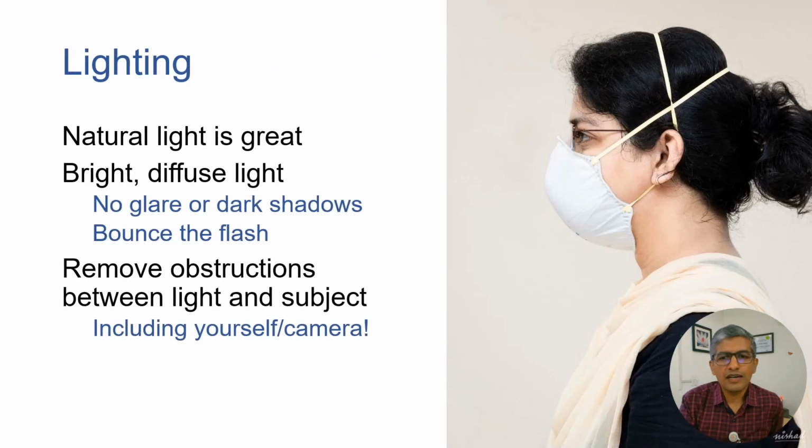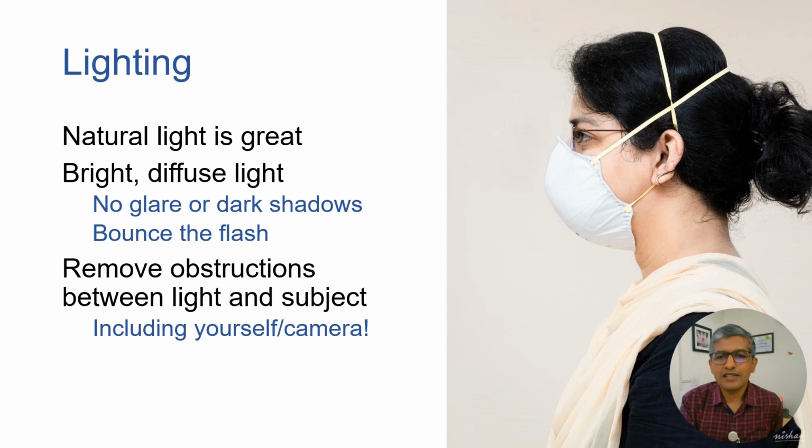One point about lighting that you can take care of is that bright diffuse light is good for most clinical photography. If you have a sharp pointed light, what happens is that you get dark shadows under the neck, under the eyes, and so on. So most medical photographs we take are of human subjects.